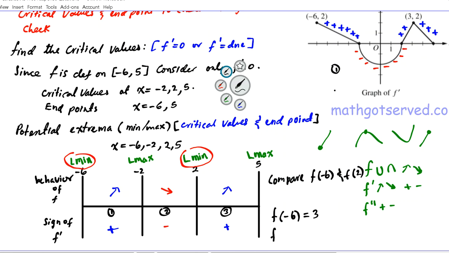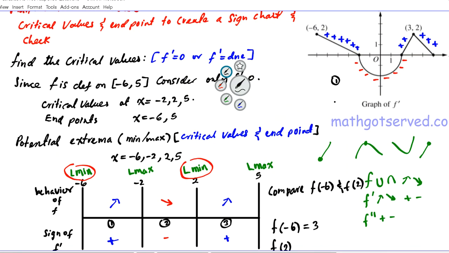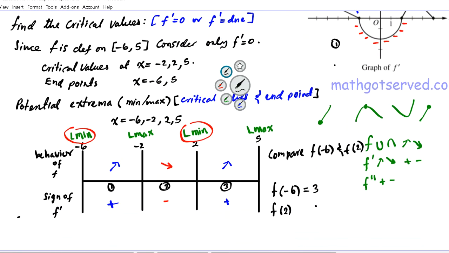Excellent. Now f of 2, what is f of 2? We're going to be using FTC2 again to find f of 2, using what was given. We know that f of -2 equals 7.